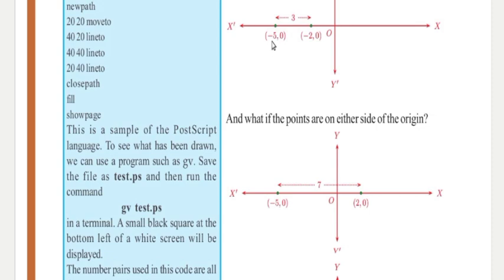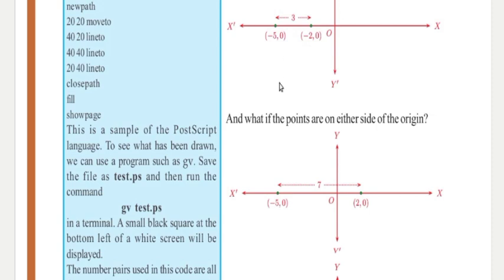From 9th standard you know the modulus value. What is the modulus of the difference between these 2 points? That is -5 minus -2. -5 minus -2 is -3, right? Then the modulus of -3 is 3.